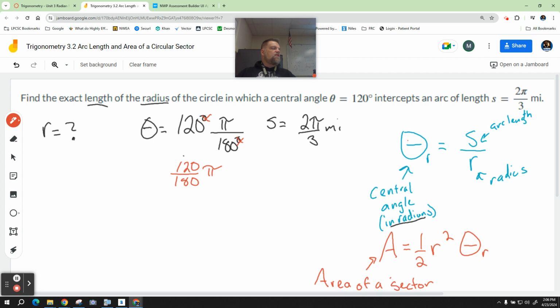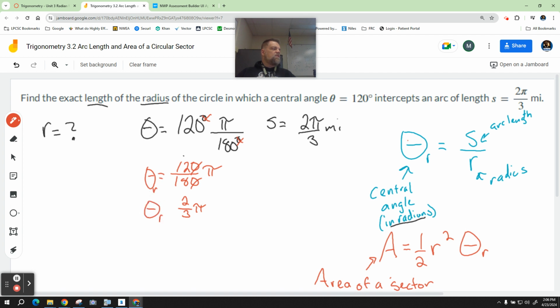And then I just got to reduce this. Immediately, if I divide both sides by 10, I get 12 over 18. Then if I divide both the top and bottom by 6, I get 2 over 3 times pi. So that's my measurement in radians.